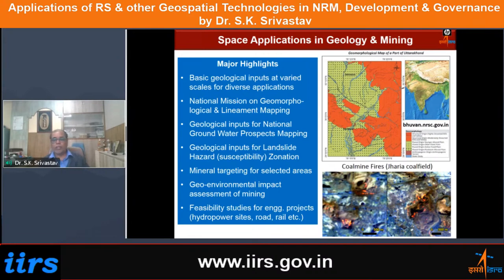Again, there are certain indicators which geologists try to map using satellite images, and that work is followed up on the ground.